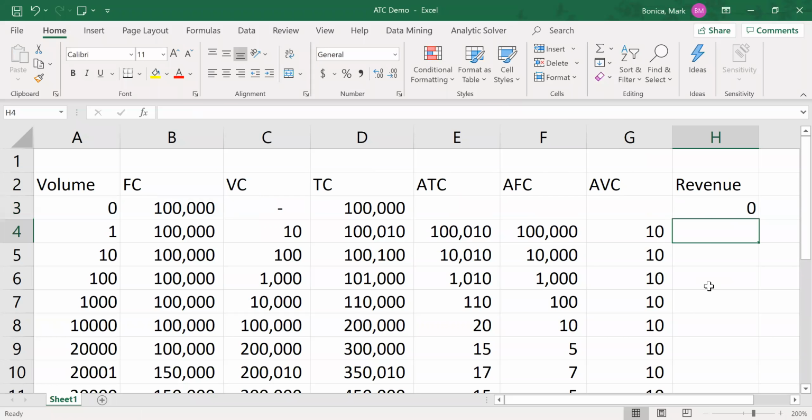So in this case, if I do 0 tests, I get 0 revenue, right? And then I could just copy that down.